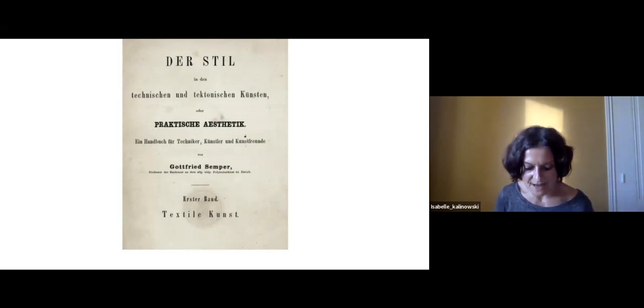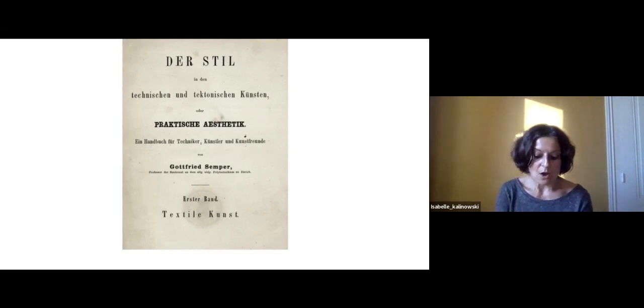Semper's concept of style, which has nothing to do with a history of artistic styles in the plural, is always in the singular because of this rationalist background. A background which has its limits too. This will be my last point.